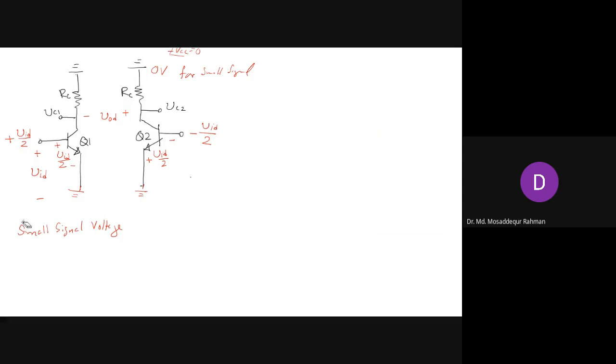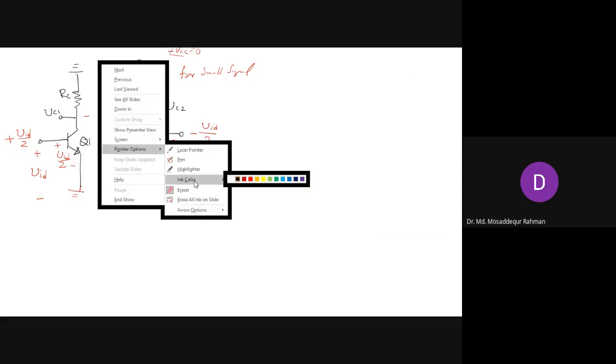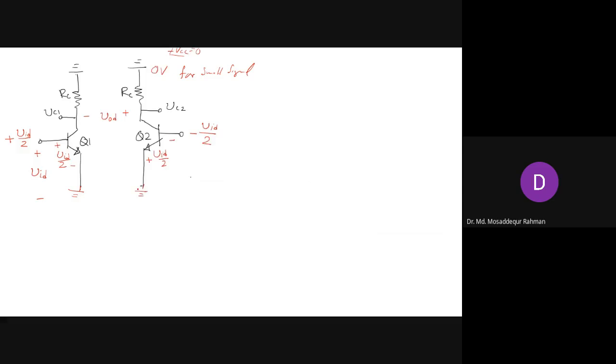Right? And each of these circuits, we call the differential half circuit.